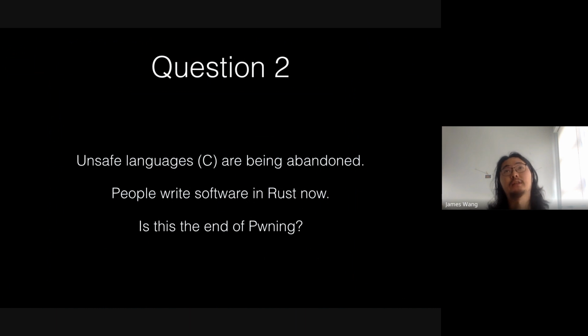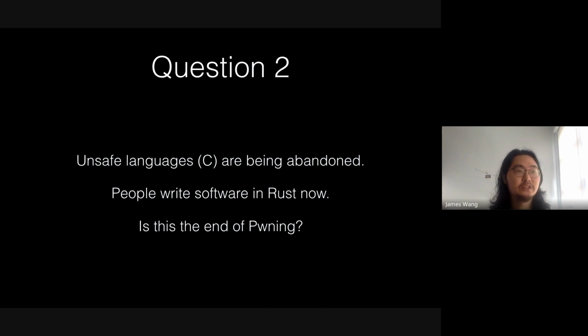Like in 5 or 10 years, what will we see in the binary exploitation landscape? Will there still be memory corruption bugs, or will they all be prevented with enough mitigations, or probably not eliminated, but made unexploitable?